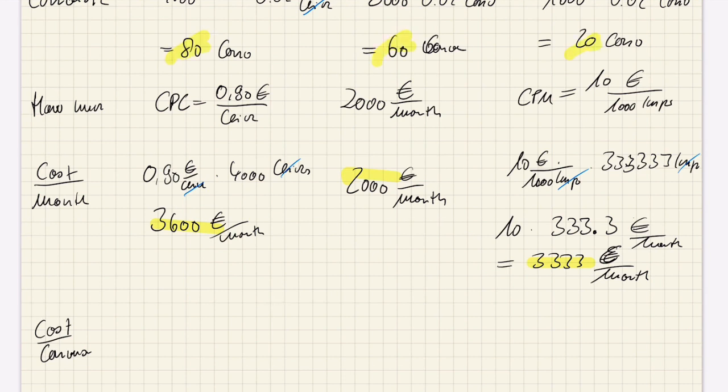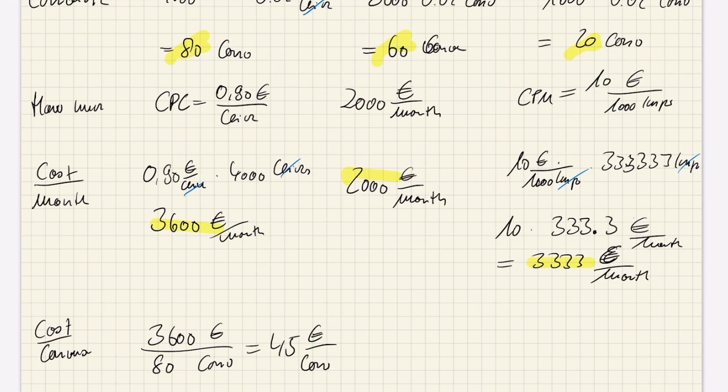So what we do have here is 3,600 euros divided by 80 conversions, and if we put this into a calculator, 36 divided by 80, that's 45 euro per conversion.